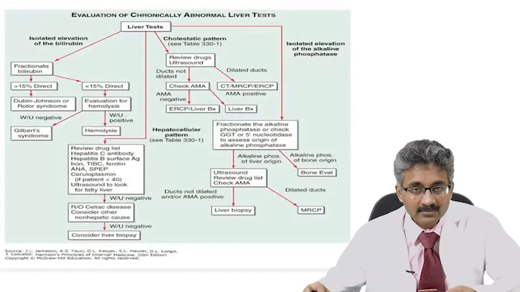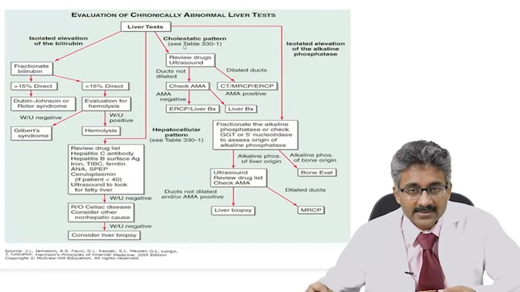Okay, then come back to this graph again. We have discussed this side, the isolated elevation of the bilirubin, and the evaluation of chronically abnormal liver function tests. Now let us see the hepatocellular pattern. In the hepatocellular pattern, alkaline phosphatase will be less, SGOT and SGPT will be more.